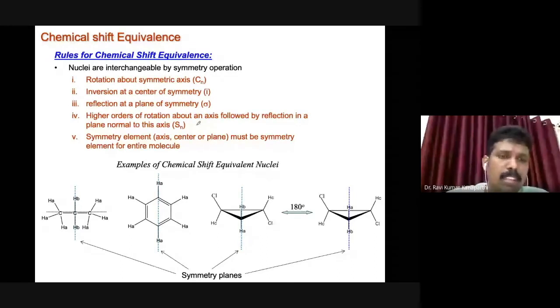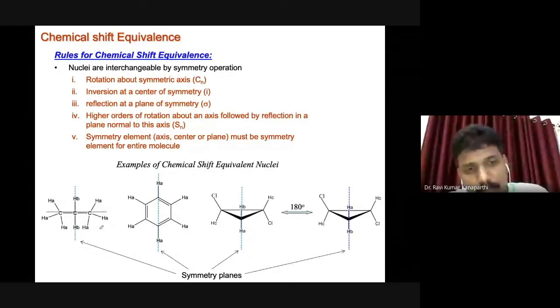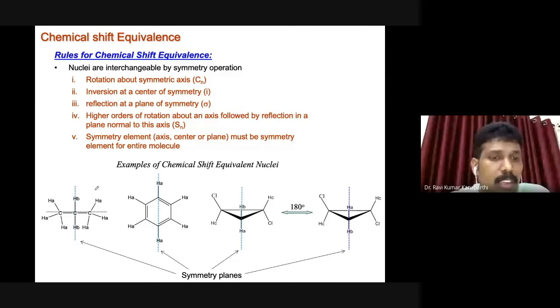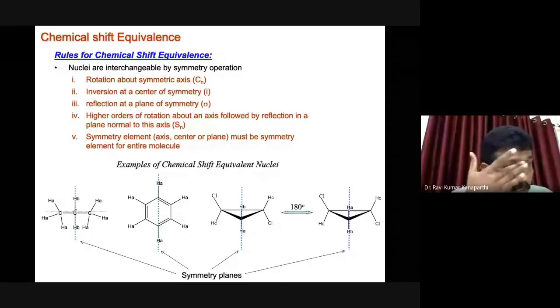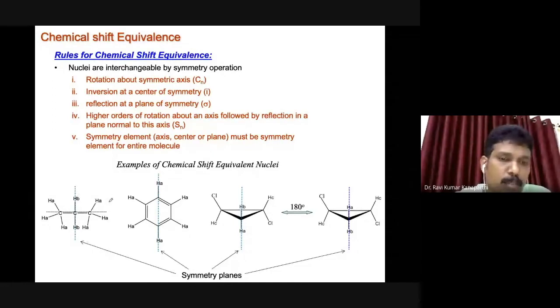Okay, and just look at this molecular structure. This is a propane, and it has a symmetry axis, right? And these two protons and this proton. So how many signals do you get? This HB has a methyl group on one carbon, the right side carbon atom, and another methyl group on the other carbon atom.